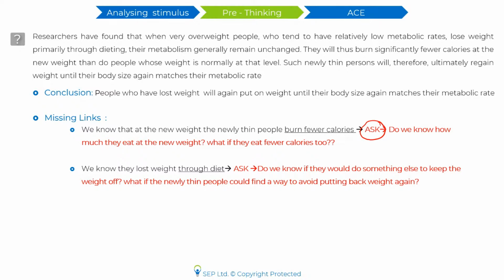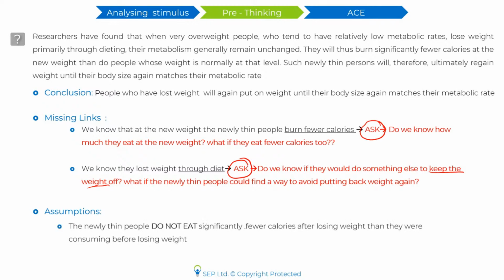We know that they lost weight through diet. Ask, do we know if they would do something else to keep the weight off? That's also not given. What if the newly thin people could find a way to avoid putting back that weight again? Then the conclusion would not take place, right? So, the assumptions that I come up with when I spot these two gaps and ask these two questions is the newly thin people do not eat fewer calories.